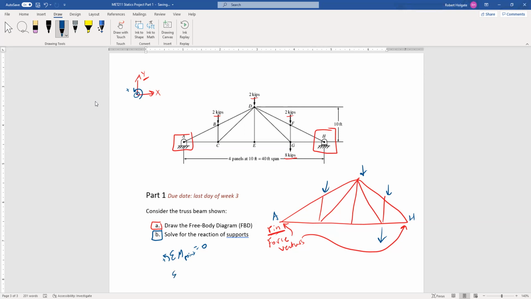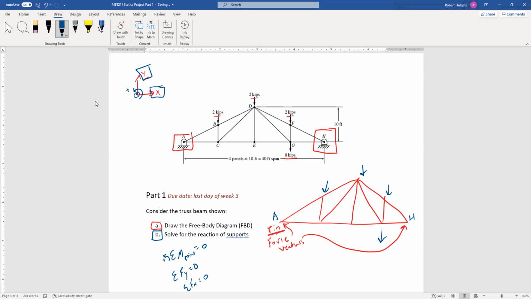Then you can sum the forces in y. Since I drew this coordinate system, I know what the positive y direction is. Set those equal to 0, and I can solve the other reaction force. Then I can sum the forces in x equal to 0, and I know what a positive x is for my equation, and I can solve for that.